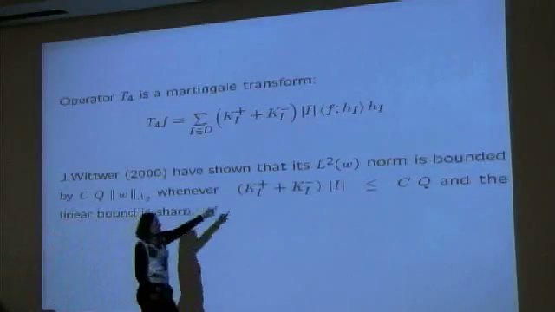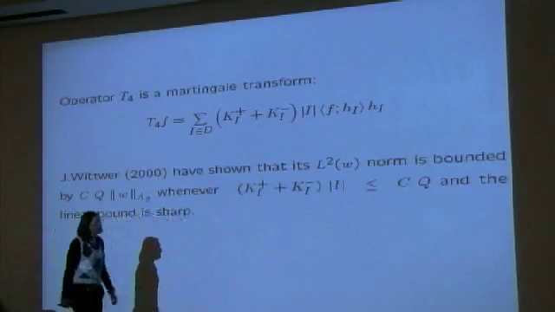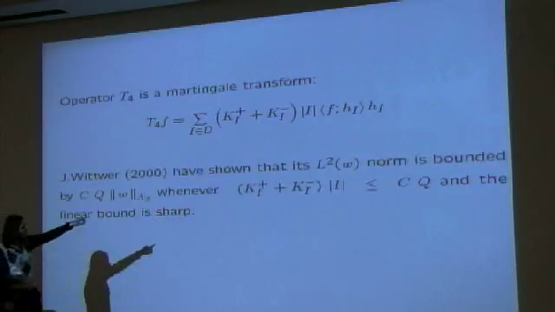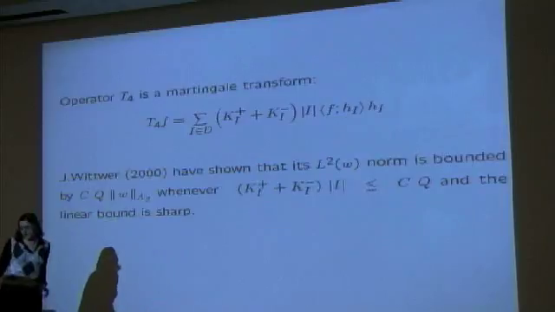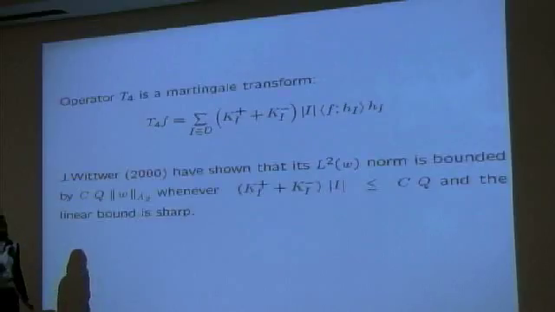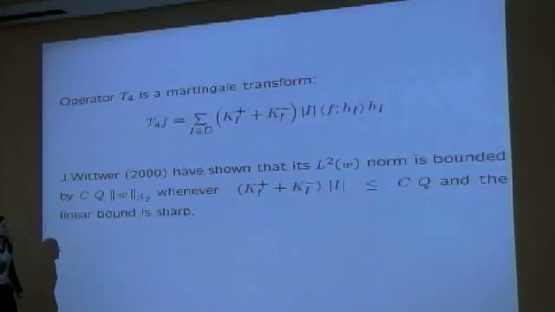But this is nothing but our size conditions on the kernel, right? With a constant C here equal to 2. By the way, constant C all over the place is different, and even if I use it in the same inequality, it doesn't have to be the same. Okay? All right. Okay, good. And by the way, this result is sharp.